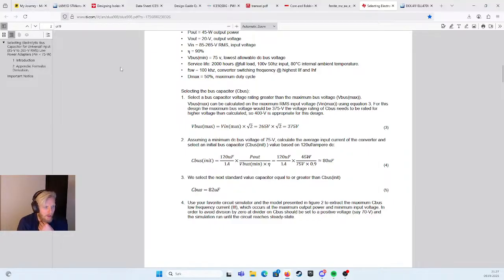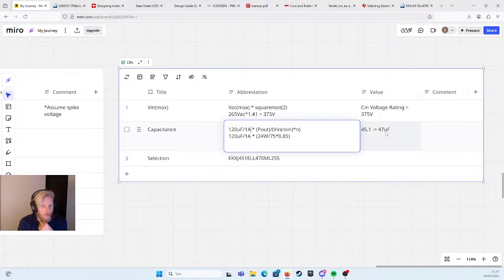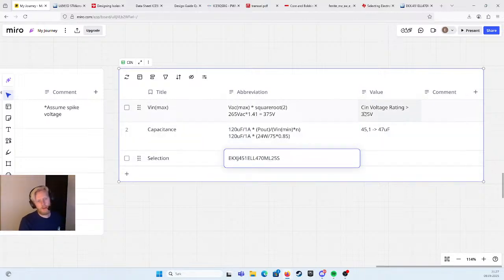I did the same thing, so follow the same concept, and I got a value of 47 microfarads. And we selected this component based off of the C-in voltage rating and the capacitance.